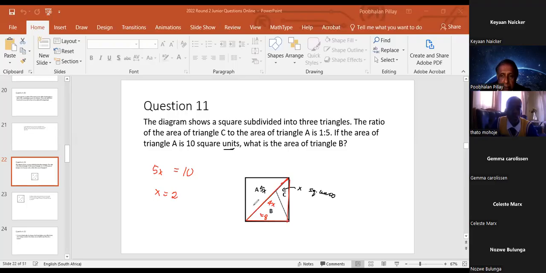Bearing in mind that this diagonal cuts, actually, in any parallelogram, the diagonal always cuts the parallelogram into two equal areas. As long as the opposite sides are parallel, then you will always have the situation that this is a parallelogram, a figure with opposite sides parallel.